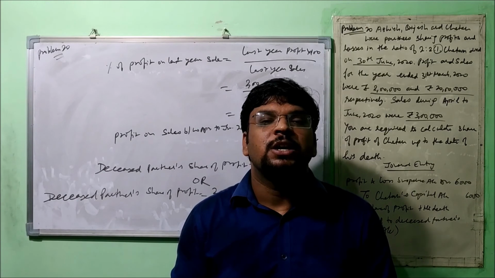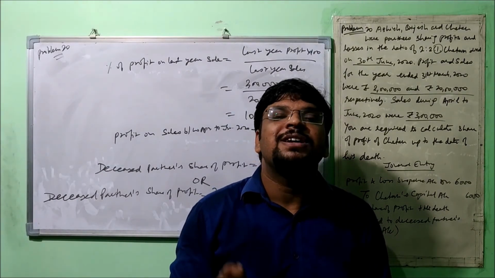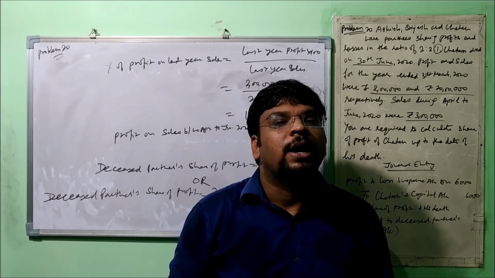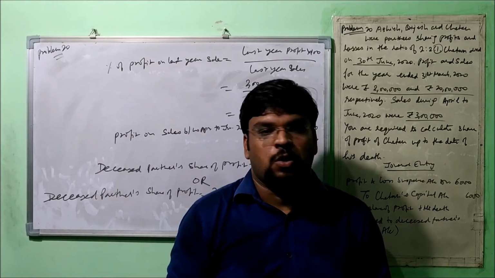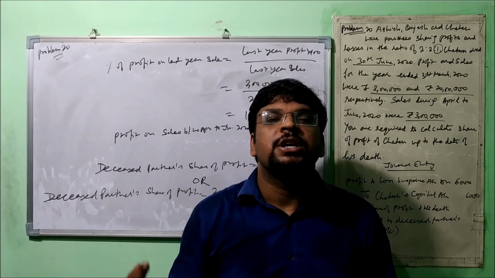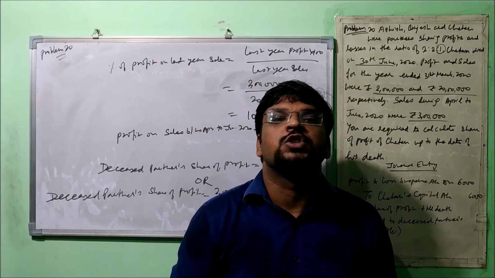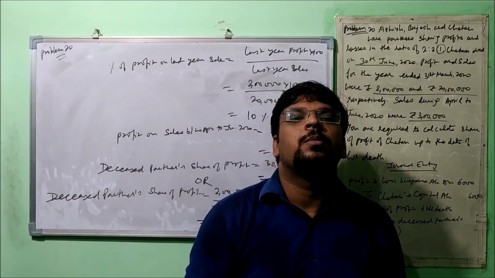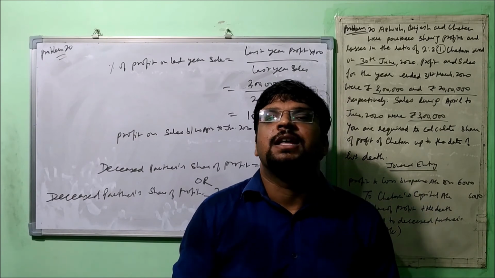One more time I tell you, after making all debit and credit adjustments, whatever is the balance of the deceased partner will be transferred to his executor's account. This executor account will be shown in the balance sheet as a liability until it is paid or transferred to loan account. Understood the point? Alright friends, it was all about this entire chapter, retirement and death of a partner.